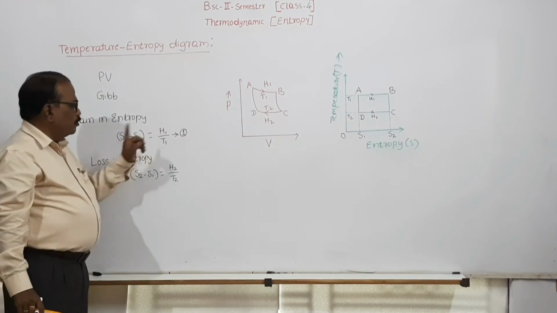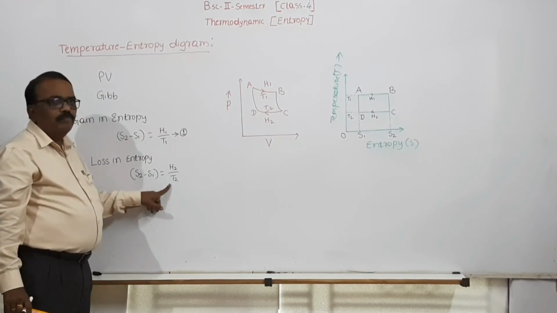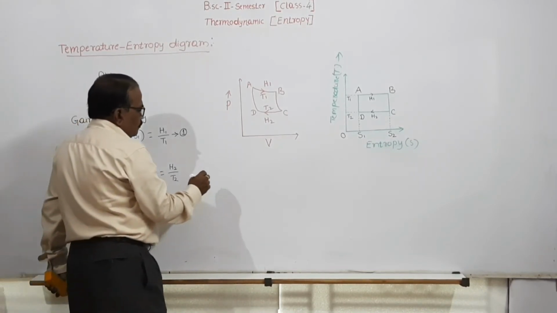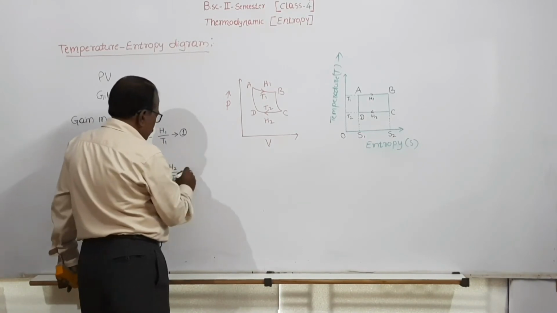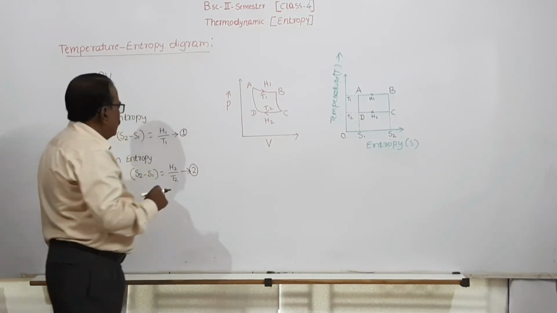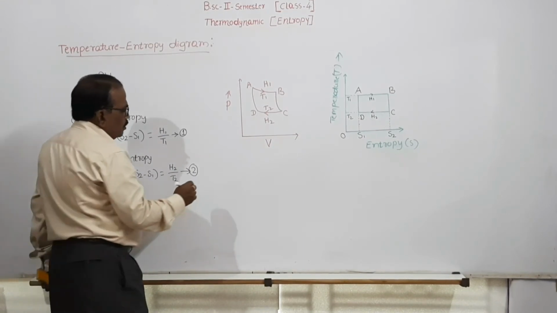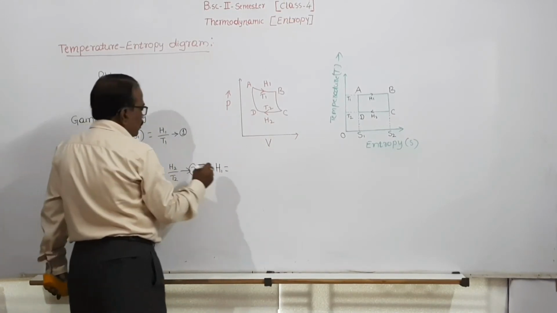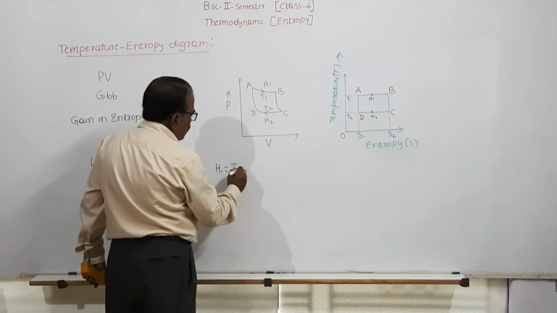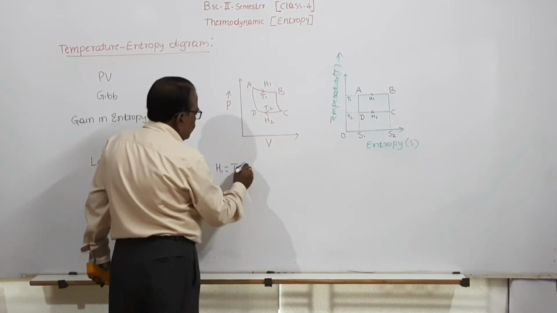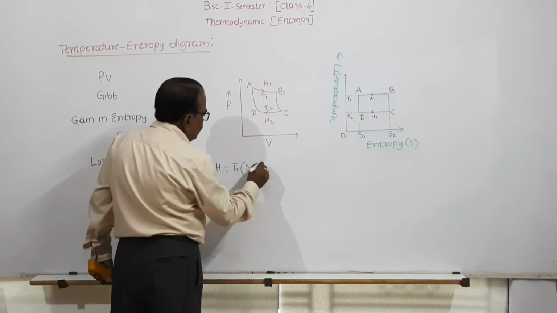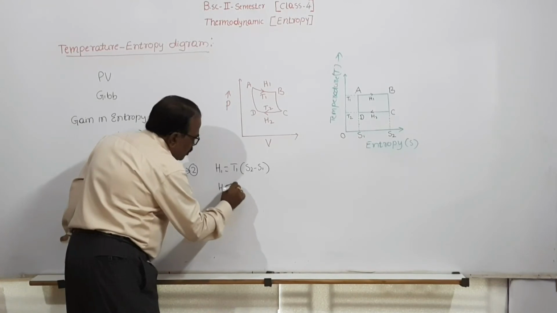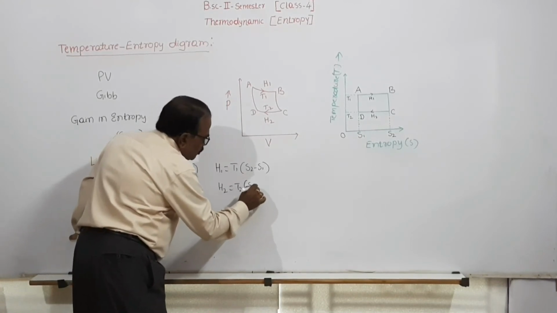This is gain in the entropy and this is loss in the entropy. Call this equation 2. From equations 1 and 2, your H1 is equal to T1 into S2 minus S1, and H2 is equal to T2 into S2 minus S1.